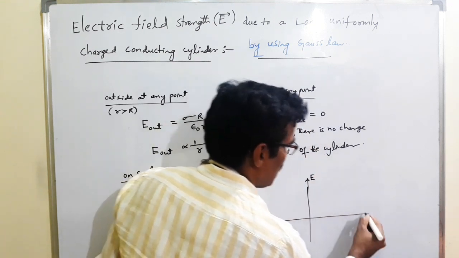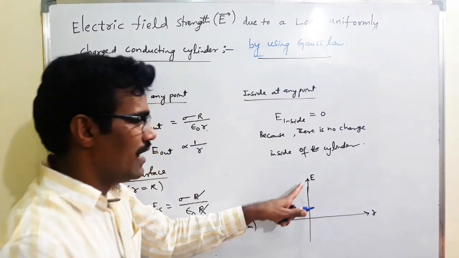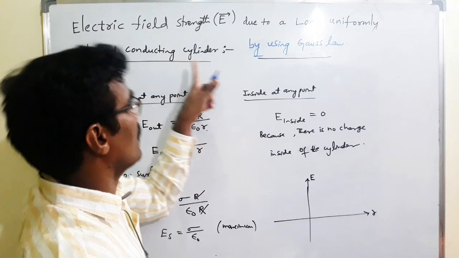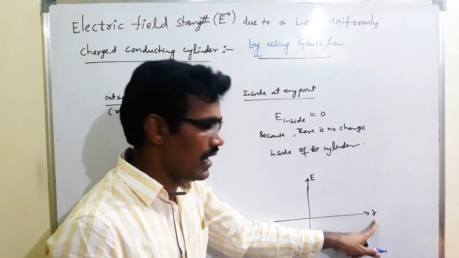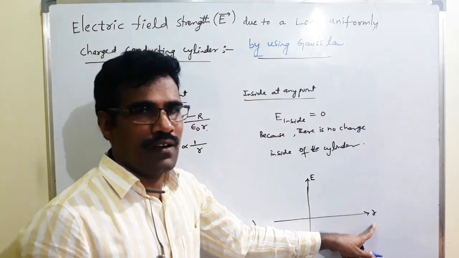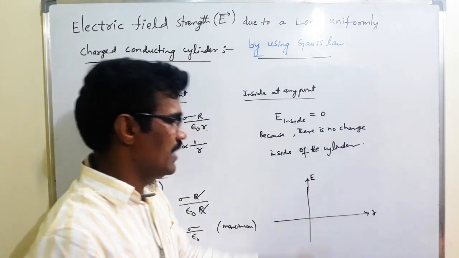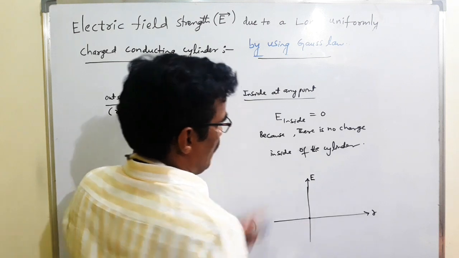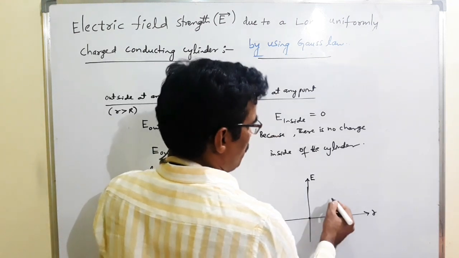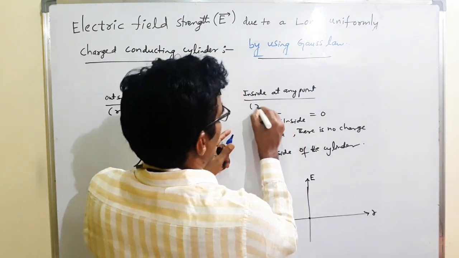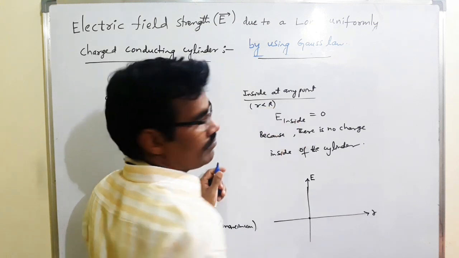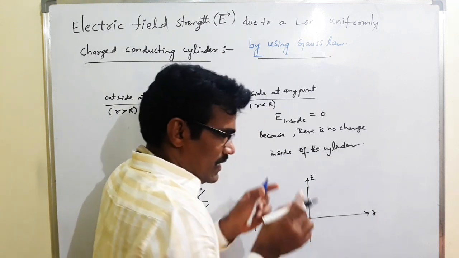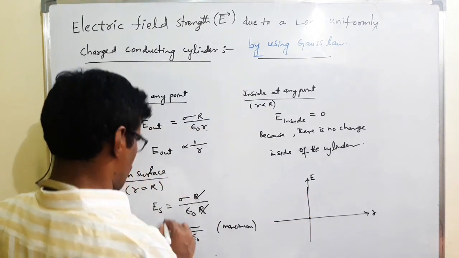When a graph is drawn between E and r, E is the magnitude of the intensity of electric field due to a conducting cylinder, and r is the distance of the given point from the axis of the cylinder. So here at the center, on the axis, field is 0. Field is 0 for small r less than capital R, up to the surface. Exactly at the surface the field is maximum, this value.